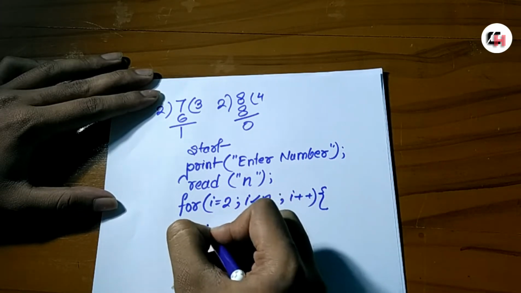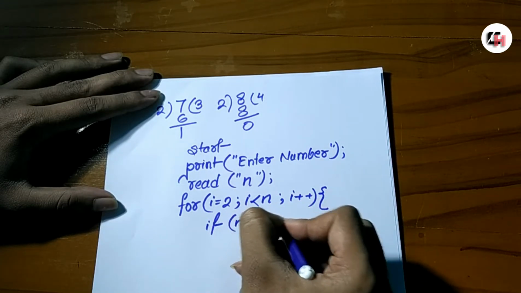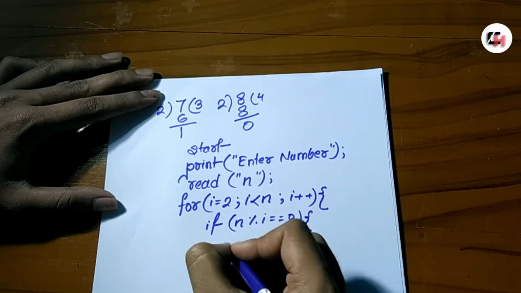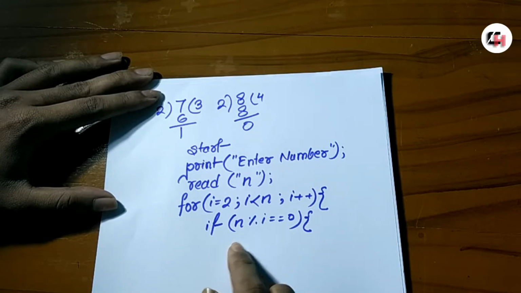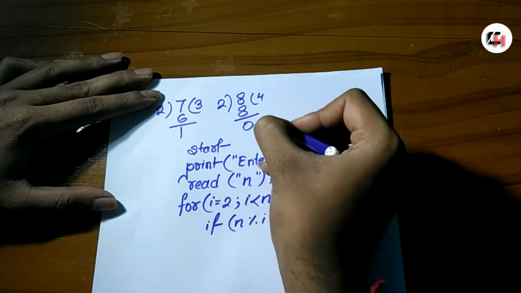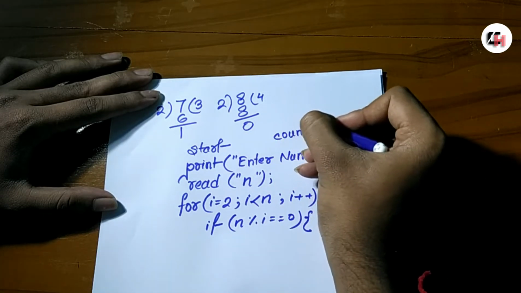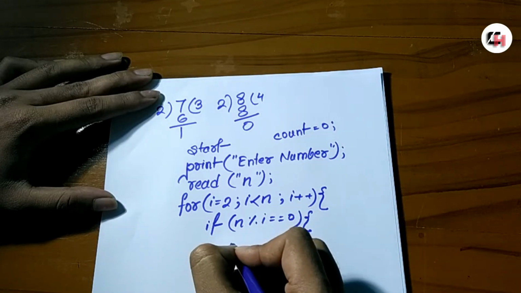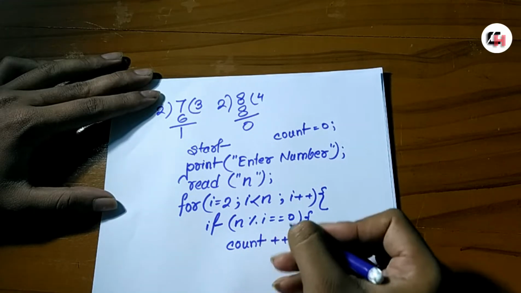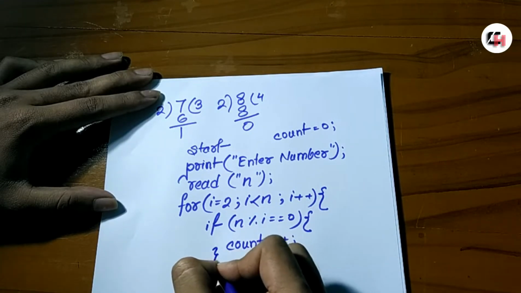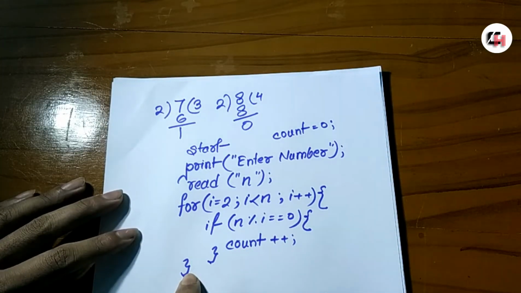So in that loop we will take a condition: if n modulo i equal to 0. And please guys notice, here we will declare another variable, count. First of all, we will declare one variable count, and the initial value of count will be 0. That count will increment if n modulo i equal to 0, and we will close our loop here.